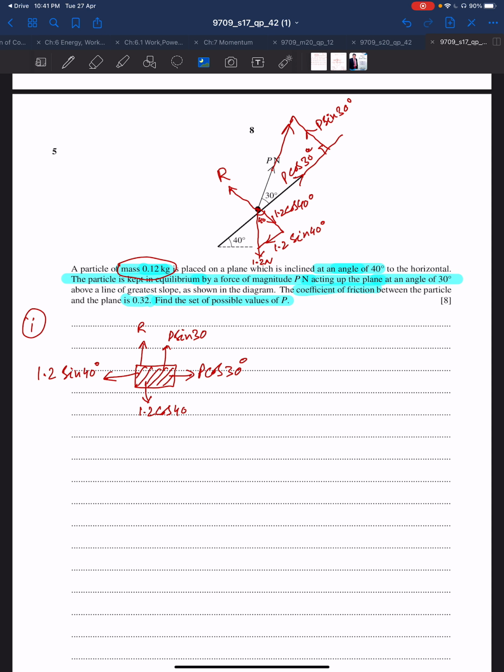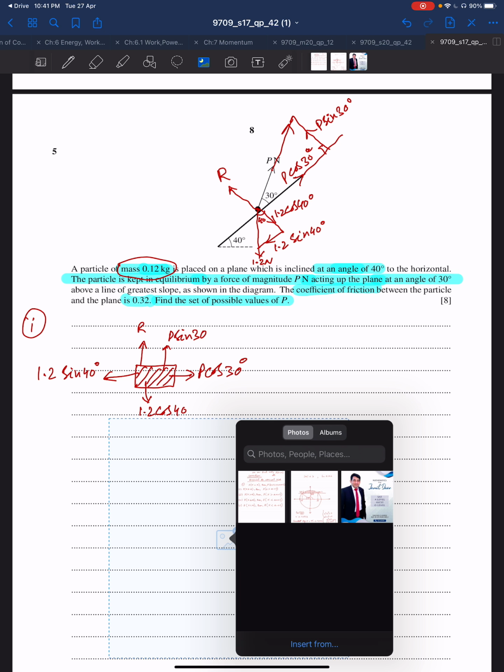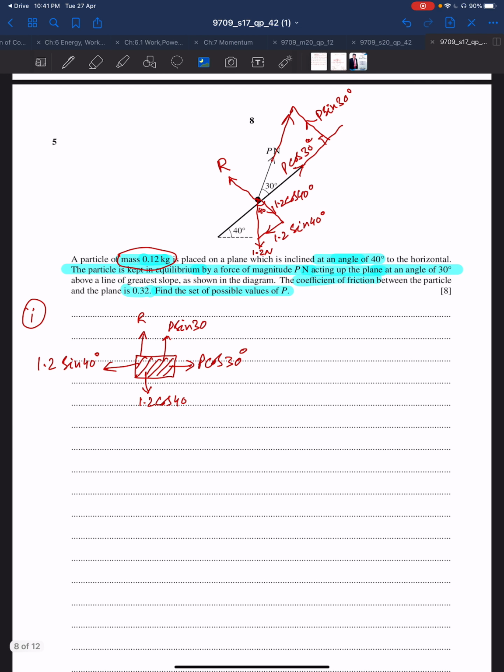So the friction will work on this side, opposite. So that means friction is in this direction, right?